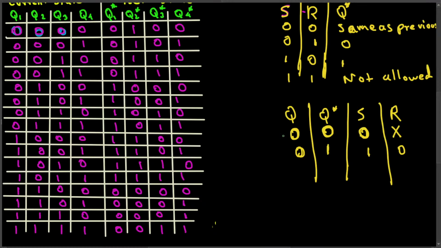Okay. And let's say Q is 1 and you want the Q next state to be 0. What is the possible way? Same as previous doesn't work because the previous one is 1.